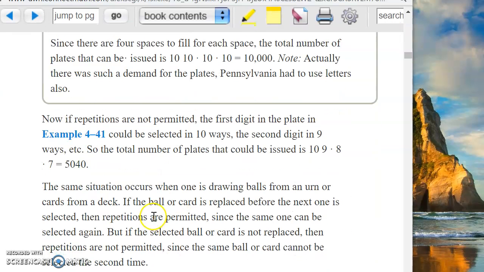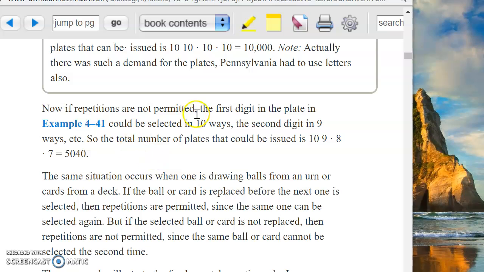But let's suppose we do not allow for repetitions. The first digit of the plate could be selected in 10 ways. Whatever number you pick, for the second digit there are not 10 choices anymore because you've already picked one, so you only have 9 choices.